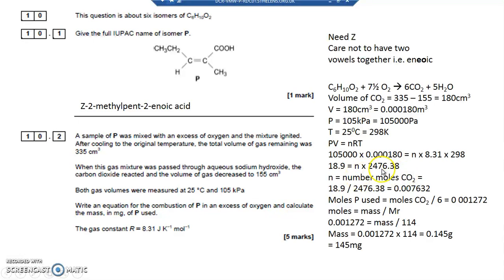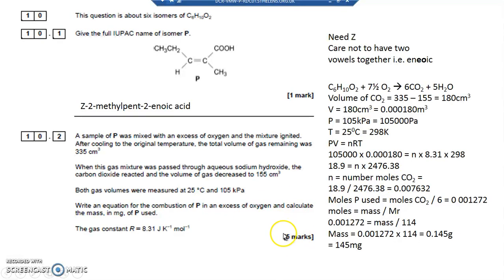N is the number of moles of carbon dioxide. We've got to remember that because we've worked it out for the volume of carbon dioxide. So N, the number of moles of carbon dioxide, is 18.9 divided by 2476.38, which equals 0.007632.